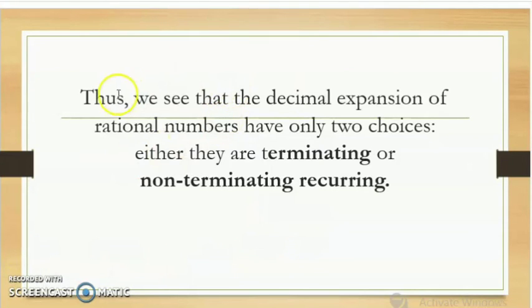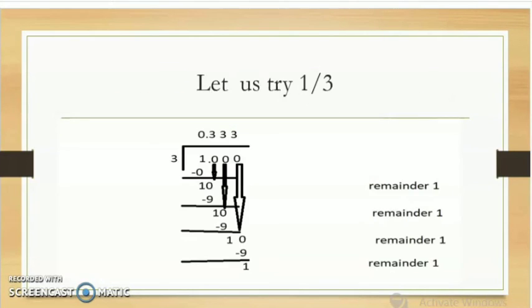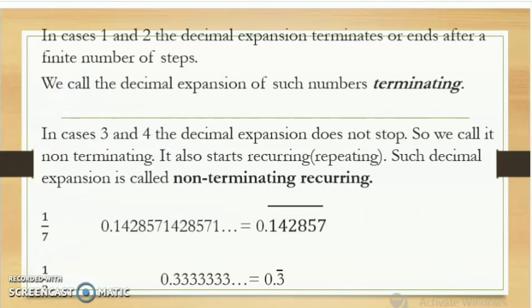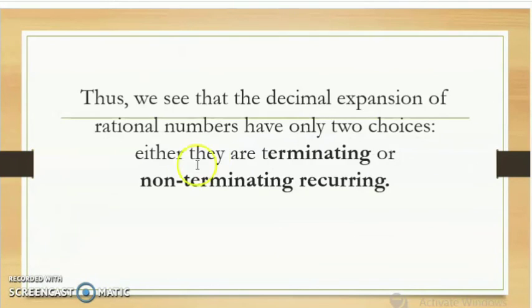So if you look at any rational number, the decimal expansion of rational numbers has two choices.